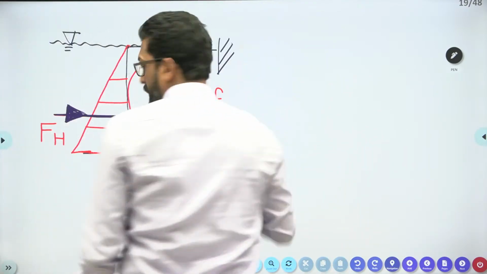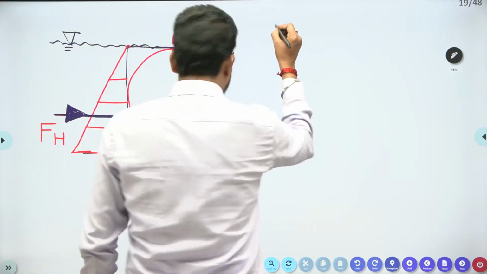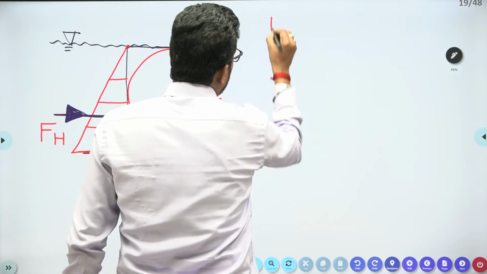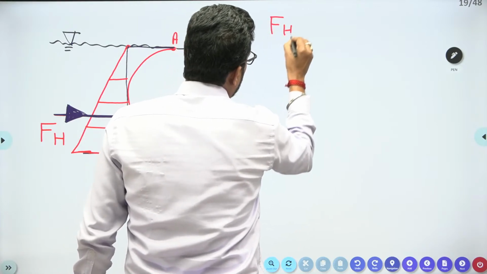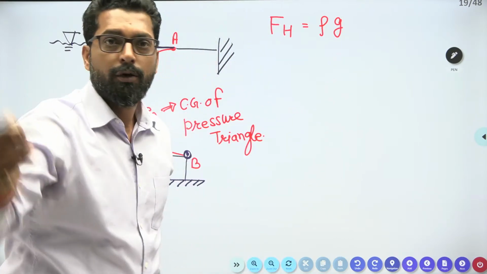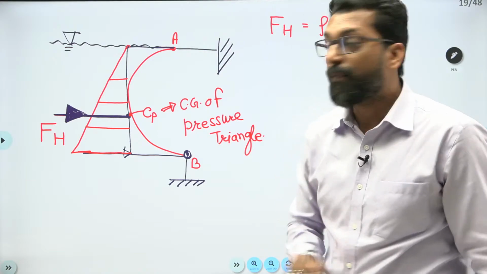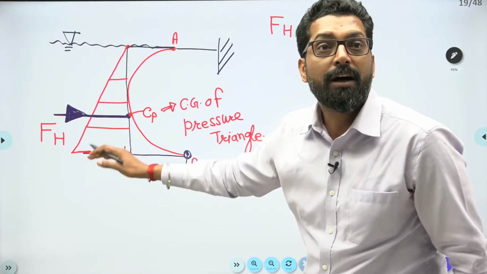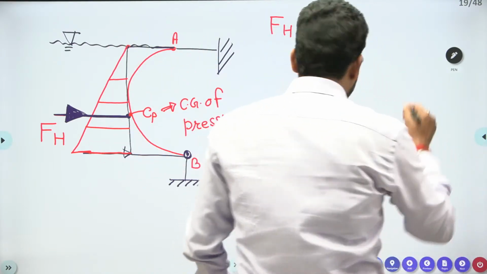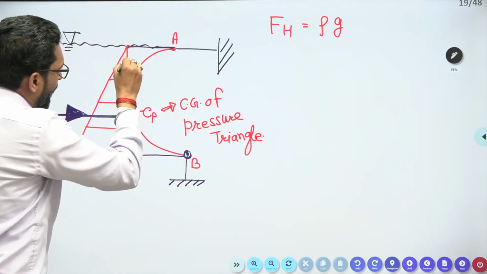Now, what is this horizontal force? This horizontal force FH is equal to rho G into the height of the CG. That means the height of this vertical projection, very important.